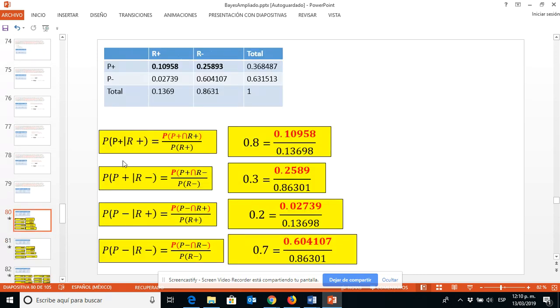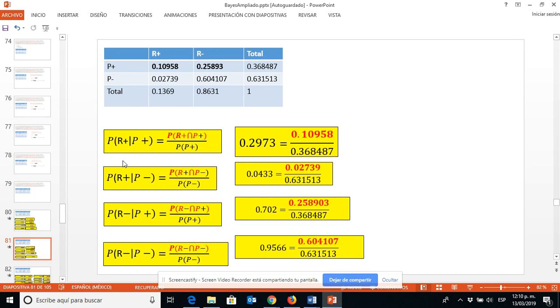So let's begin. The probability of P plus given R plus is 0.8. The probability of P plus given R minus is 0.3. The probability of P minus given R plus is 0.2. The probability of P minus given R minus is 0.7. And we go the other way around and we say the probability of R plus given P plus is 0.2973.